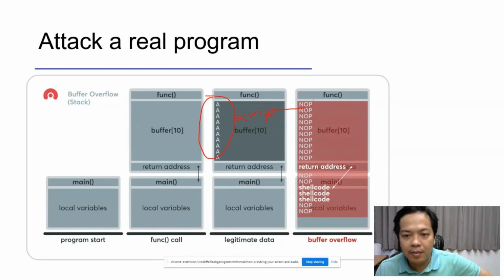And after the buffer overflow, with a no operation, the return address will go to this random jump, this random address, or this with some fixed offset.